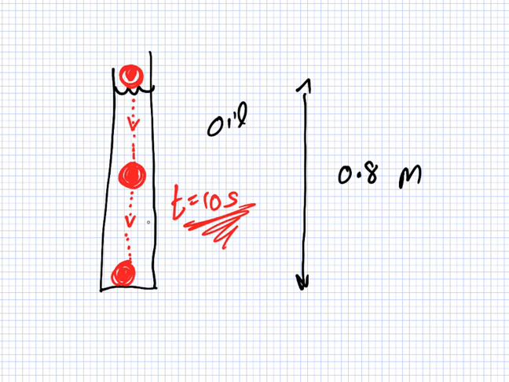Okay, so what we'll do first is, we know at least that the u is 0. We know the s is 0.8. What else do we know? We know the time. So let's calculate the acceleration. We shall use s equals ut.